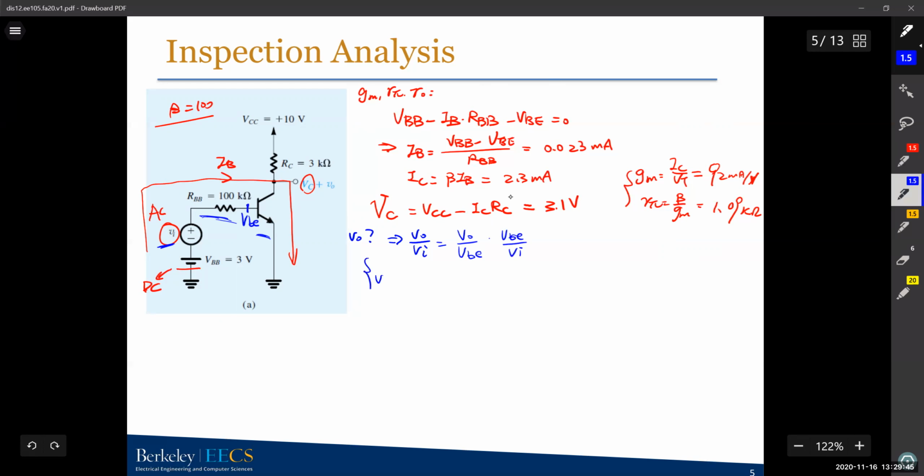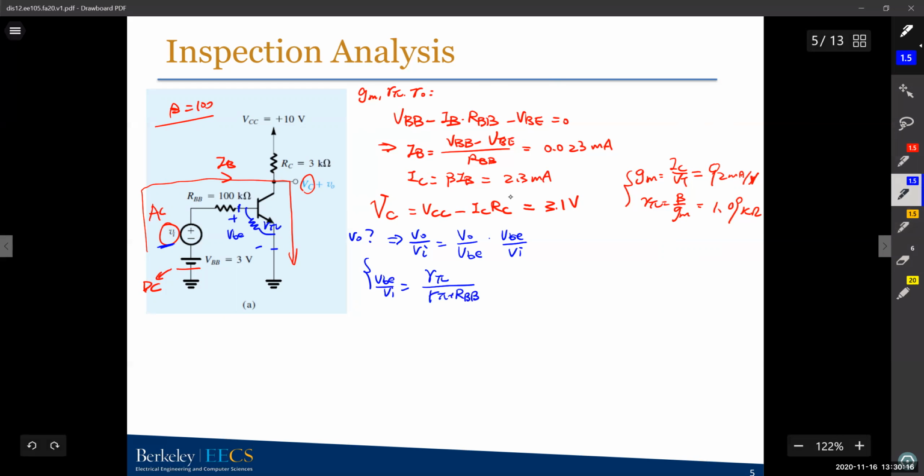And VBE over VI is pretty simple to calculate. It's just a voltage divider. Let me draw it. This is your VBE, and you have a small signal r pi here. So your VBE over VI would just be r pi over r pi plus RBB. That's simple.